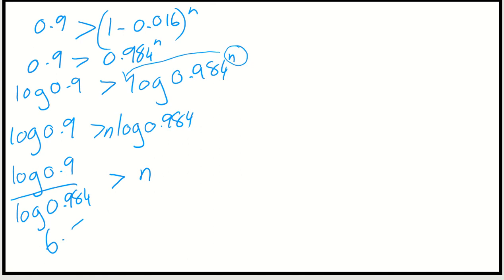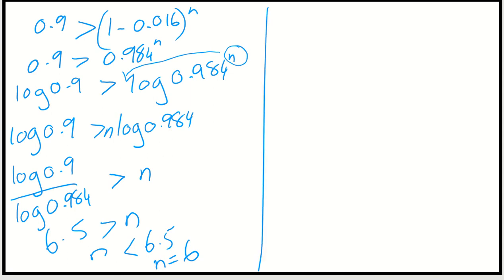So I'm going to say 6.5 is more than n. Flip that around, n is less than 6.5. So the first value below that is 6. So the maximum number I can have in a packet is 6. Okay, so that was the first part of the question.